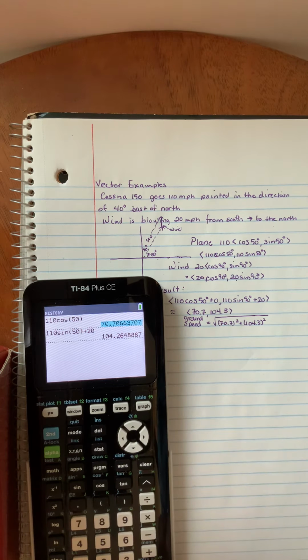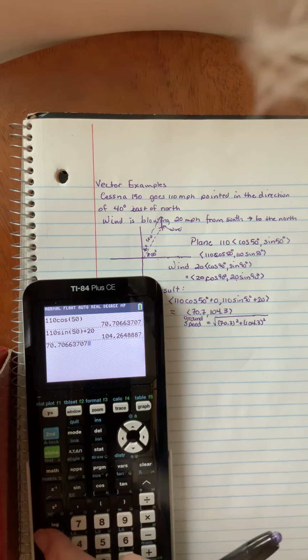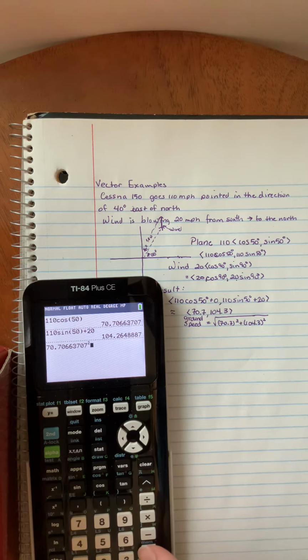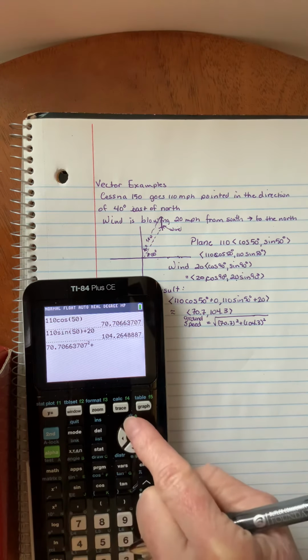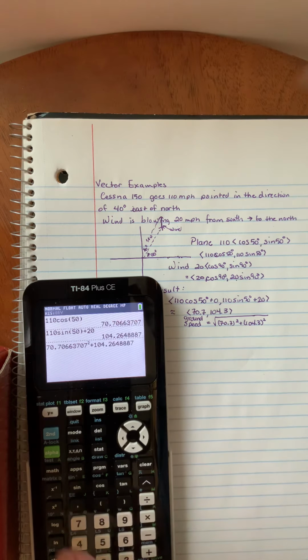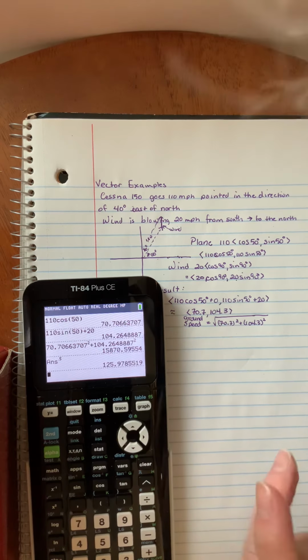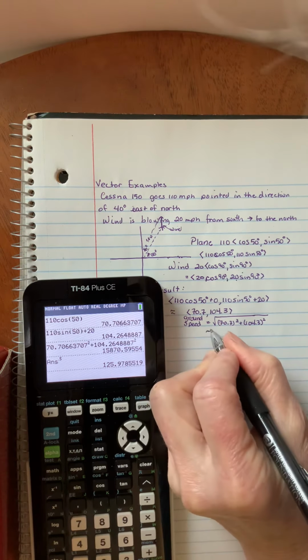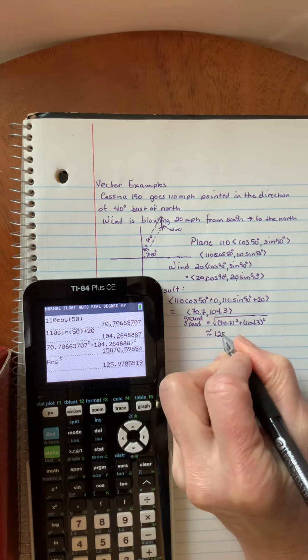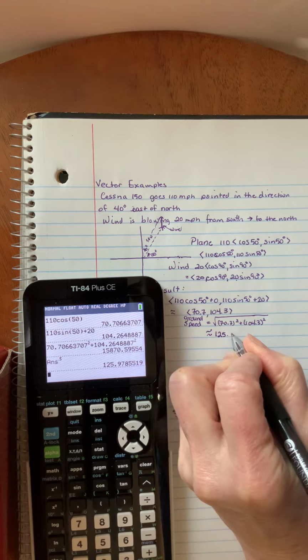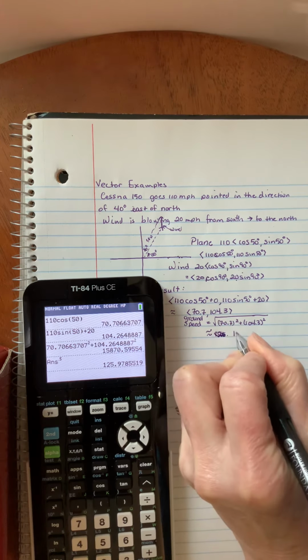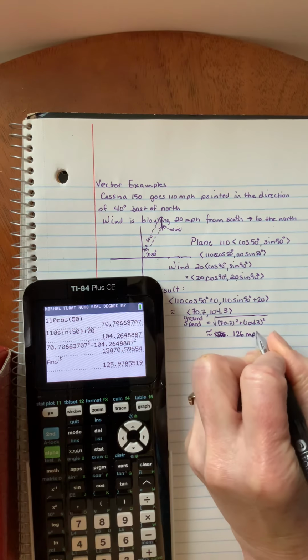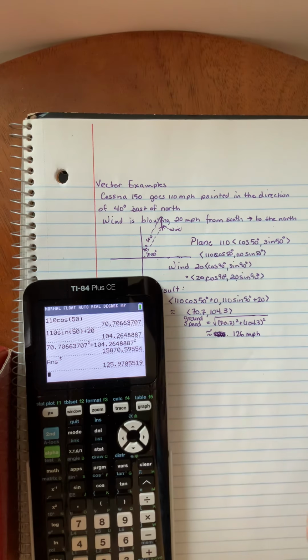So I'm going to take this one and square it. So square that, and then I'm going to add this one squared. So I've got this. Then I need the square root. So I raise it to the 1/2 power, just so I don't have to do much work. And I end up with approximately 125.9 or actually 126 miles an hour, right? Okay, so about 126 miles an hour.